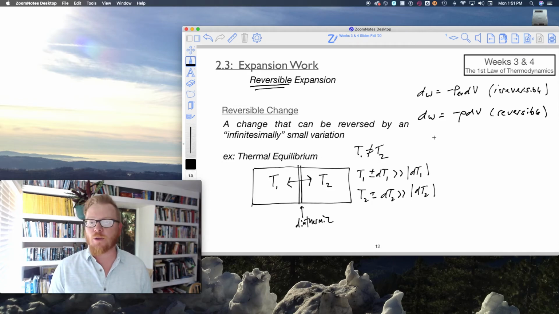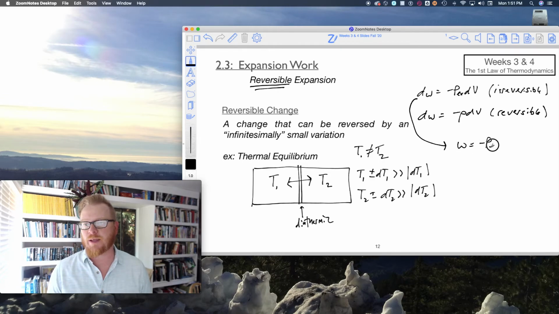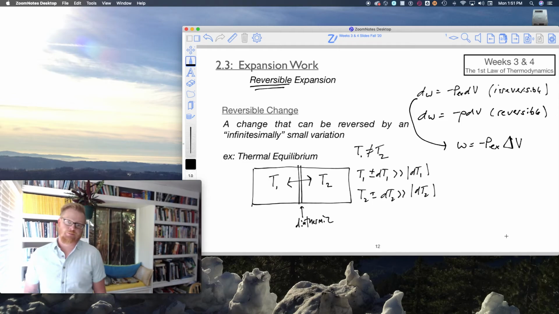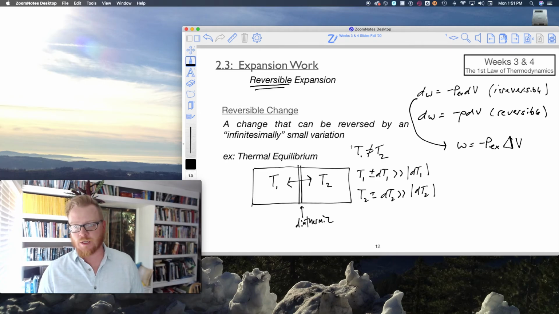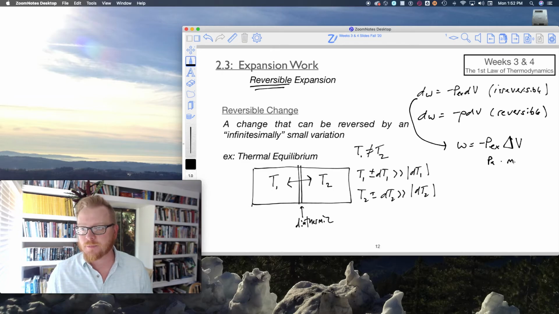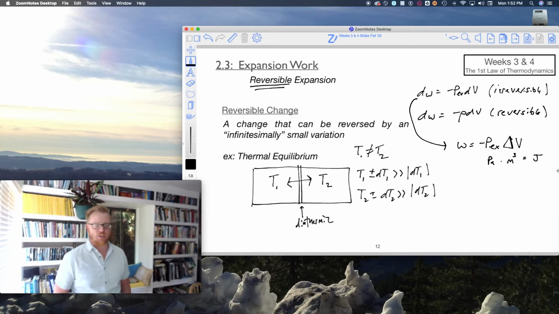When I calculate irreversible work, it's simply work equals negative P external times change in volume. We should also recognize that this is in the unit Pascal and that is in cubic meters, then I will get a joule. Don't forget the dimensional analysis units.